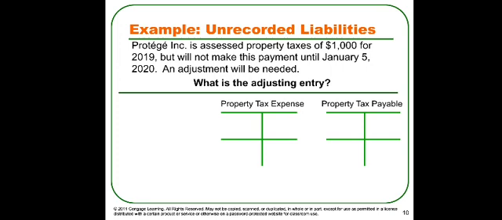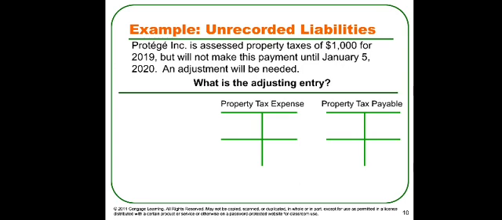In accounting, tax is an expense. You have a business. If you have to pay tax, the tax is recorded as an expense for your business. For this situation, in year 2019, you have calculated that you have to pay property taxes of 1,000, but you do not pay yet. You will pay in the future, in the year 2020.